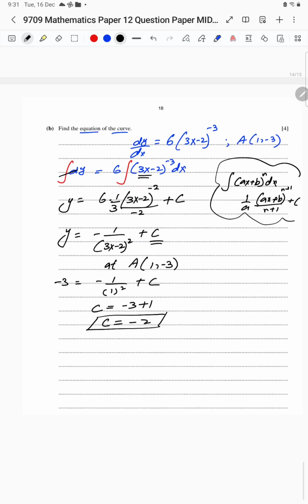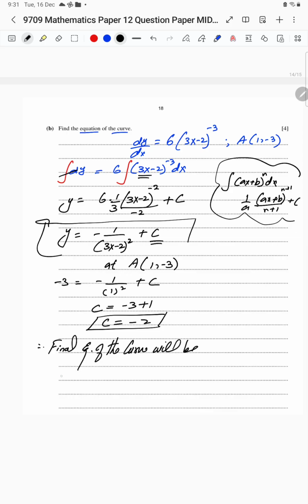Therefore the final equation of the curve will be, do replace the value of c, y equal to minus 1 over 3x minus 2 square minus 2. Yeah, this is the final answer.